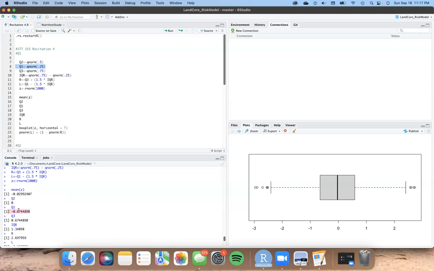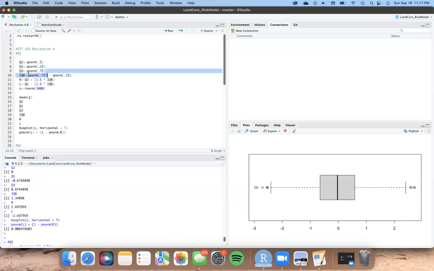So I'm going to label that Q1 for the lower quartile, and then Q3 is the upper quartile, and you can calculate that by doing qnorm of 0.75, and that'll give you 0.6744898.